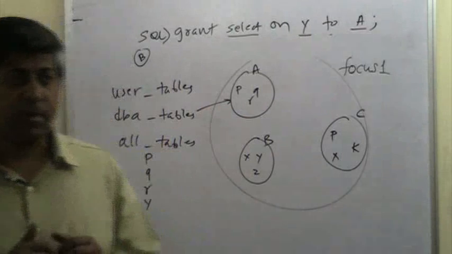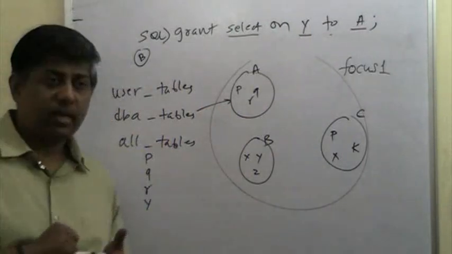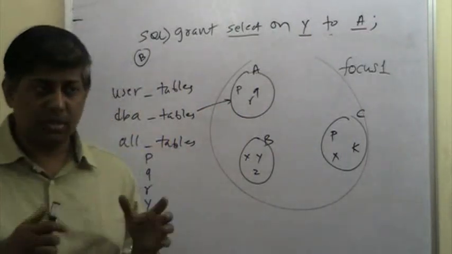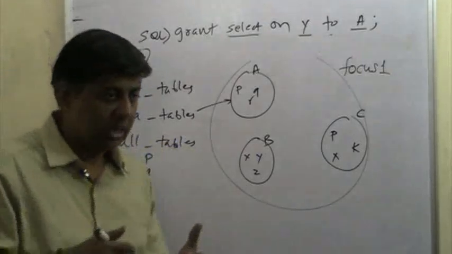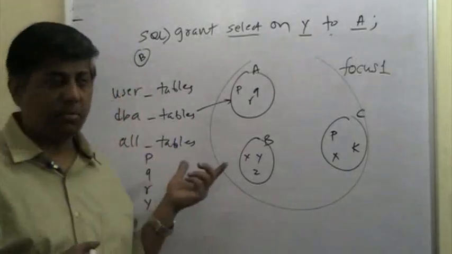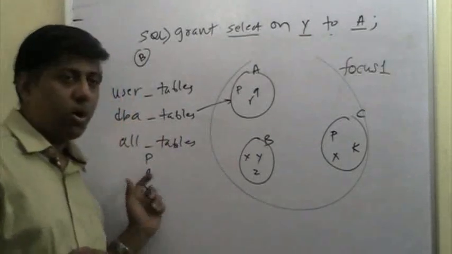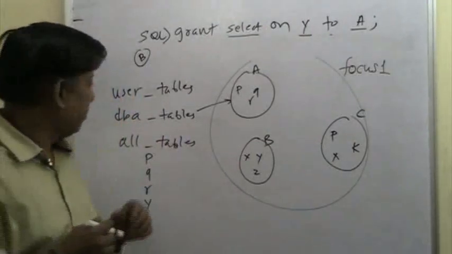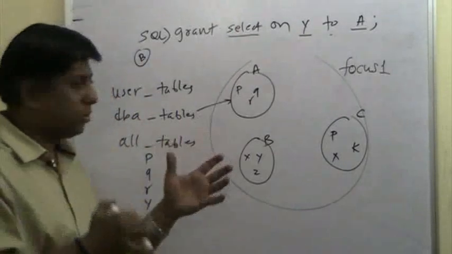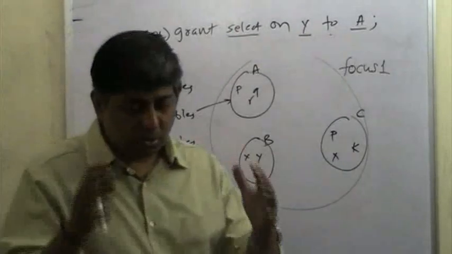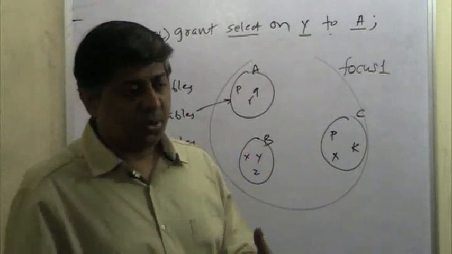This is one fundamental difference here, and I always ask this question to everybody: do you know about data dictionary views? Yes. What are the three different types of data dictionary views? User underscore, DB underscore, all underscore. What is the difference between a user underscore and a DB underscore? He says, okay, user underscore will show you a list of all the tables in your own schema. People always make a mistake between DB underscore and all underscore.